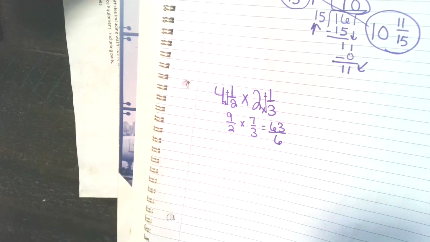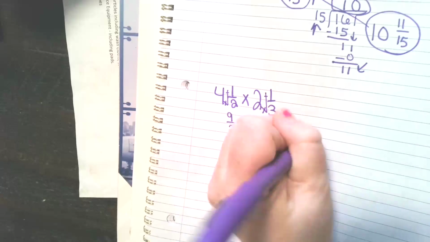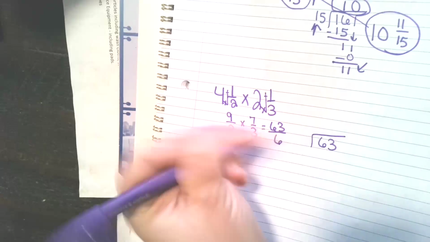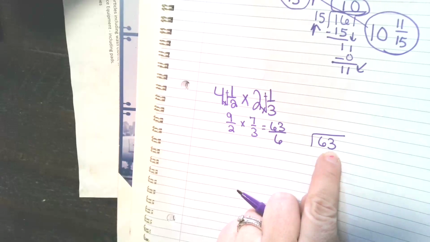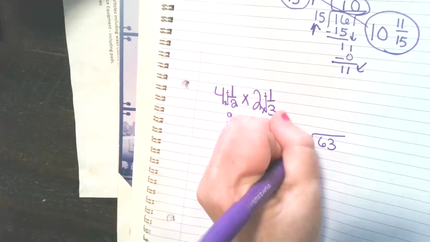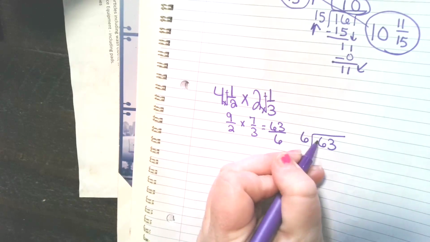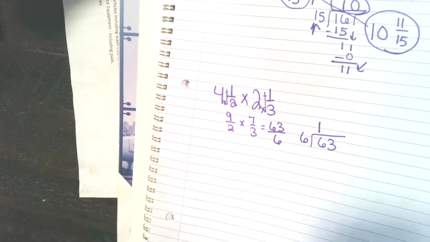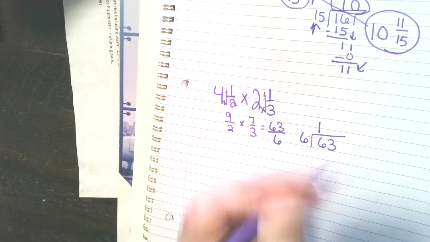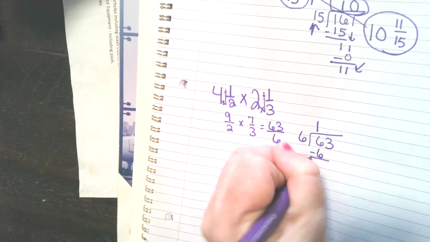So I can either leave it like this, or I can convert it back into a mixed number by dividing. 63 is my dividend. That's what we're dividing. 6 is what we're dividing by, my divisor. So how many 6s are in the number 6? That would be 1. 6 times 1 is 6. 6 minus 6 is 0.